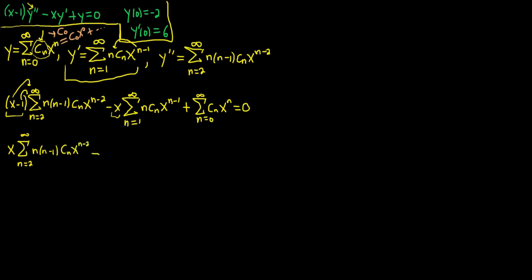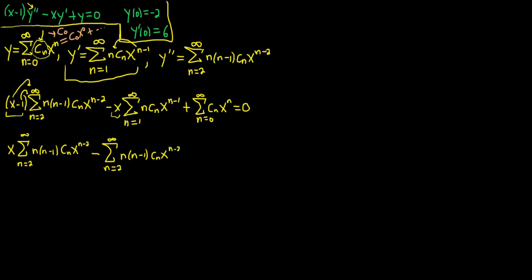And then minus, so distributing the minus 1 will give us an infinite sum as n runs from 2 to infinity, n minus 1, c sub n, x to the n minus 2.